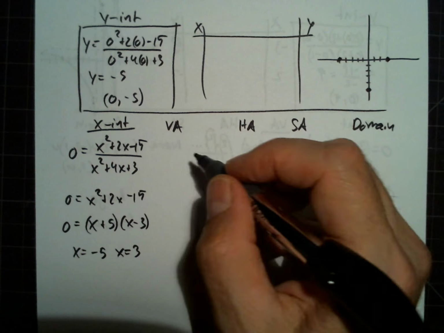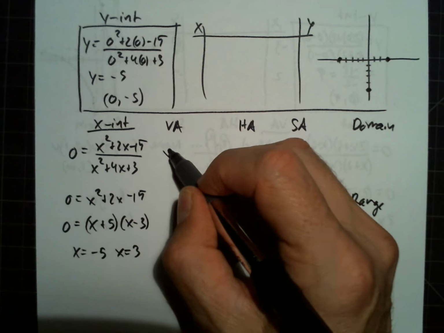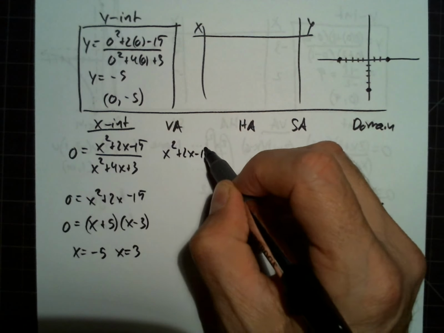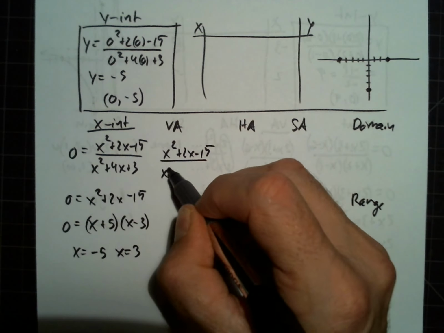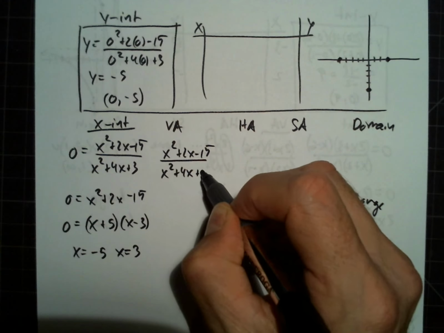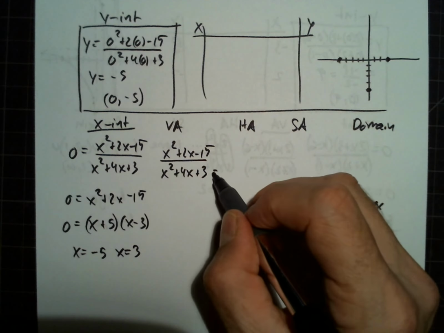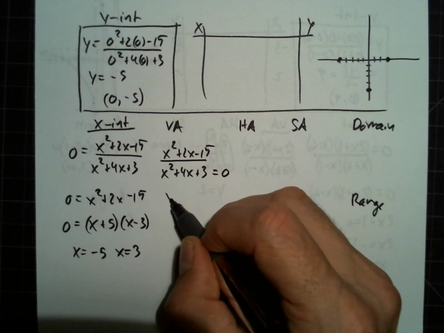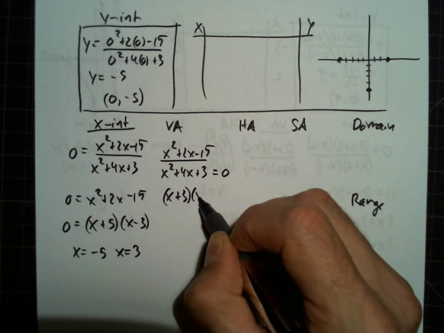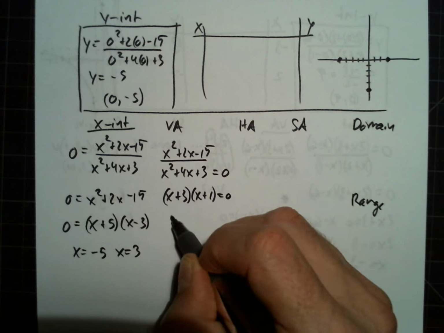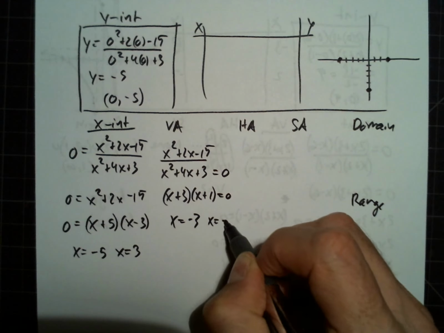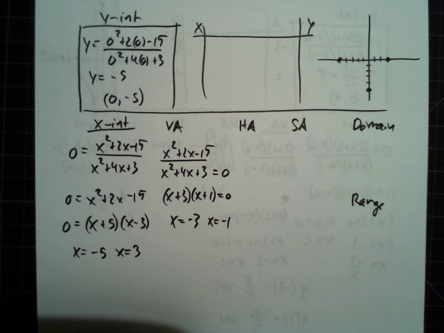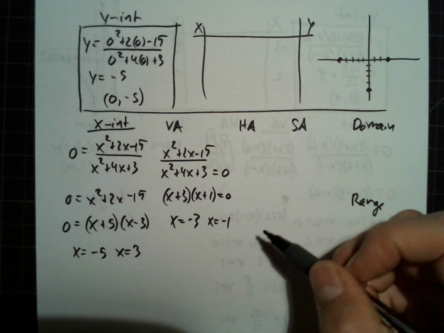Let's look for the asymptotes. When the denominator equals 0, we're looking at what makes the denominator 0, and we're going to have -3, -1. Neither one of these make the numerator 0, so they're both vertical asymptotes.